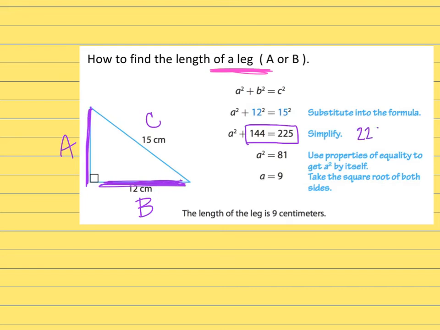So 225 minus 144, and that's how they come up with 81. And then at the end, in order for me to find out how long the line is, I would do the square root of 81. And that's why they say that the missing number is 9.